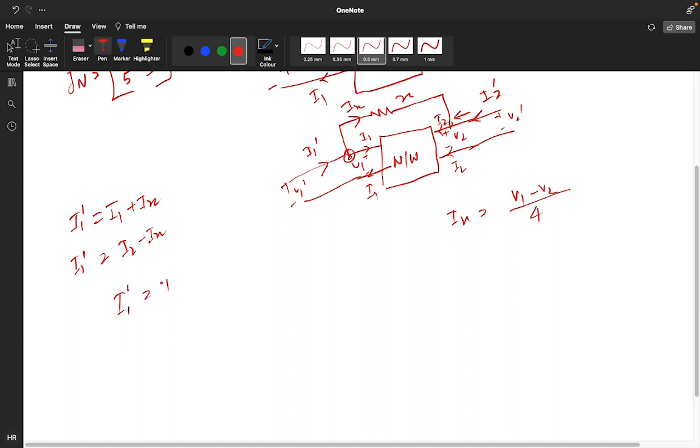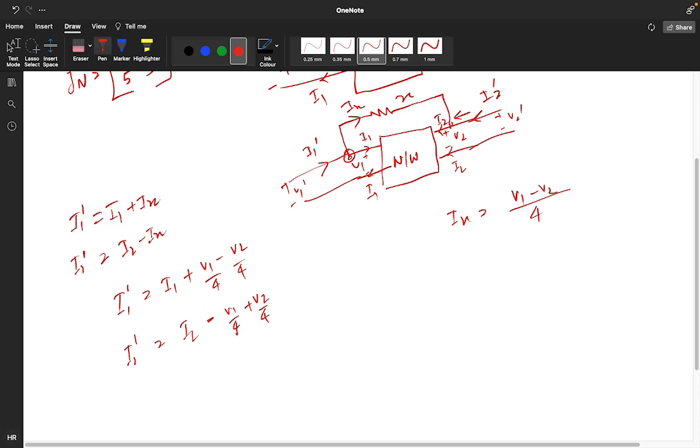I1 dash is equal to I1 plus (V1 minus V2) by 4. Here also I2 dash is equal to I2 minus V1 by 4 plus V2 by 4. The minus sign is there, so that's why minus is coming.